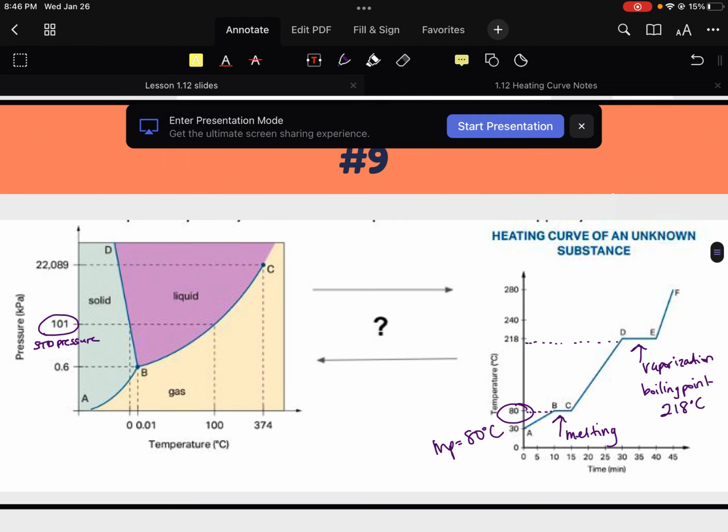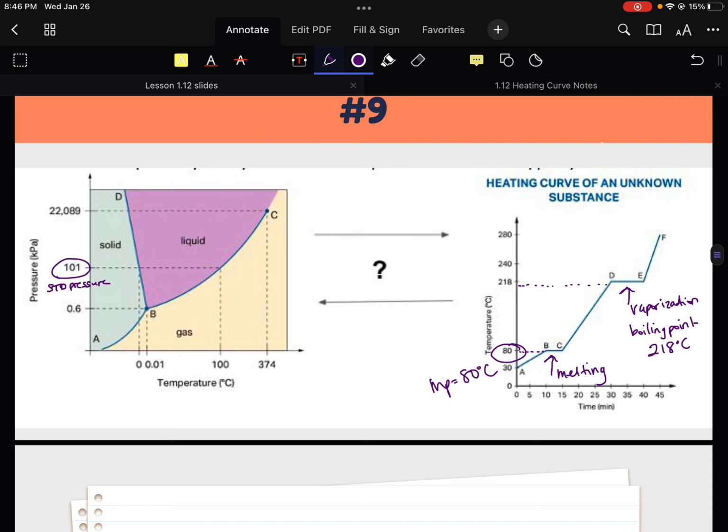This line is my melting point. So if I look at the temperature, it looks like my melting point here is 0 degrees. Does that match my melting point on my heating curve?